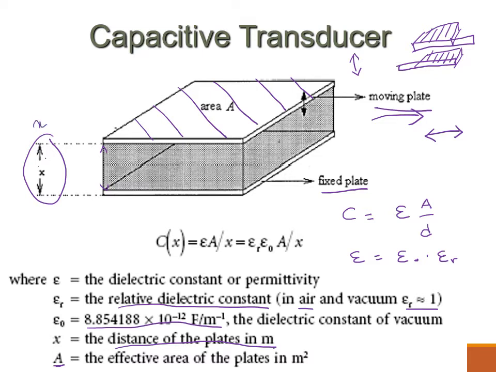The distance x will have some other value added, or some other value subtracted. That is when the plate moves up and down. If the moving plate moves to the side, then the distance is the same, and only the shared area changes. Or we can also change the dielectric material between the two plates.